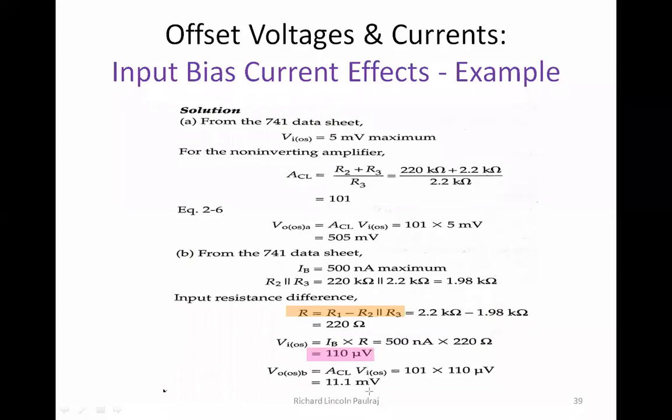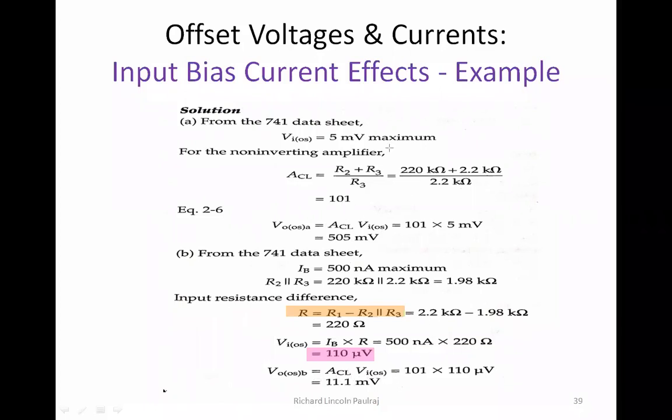Now we will calculate for this updated VIOS. Previously we had substituted 5 for VIOS. Now we calculate the output, which is ACL into VIOS. ACL, we all know, is about 101.